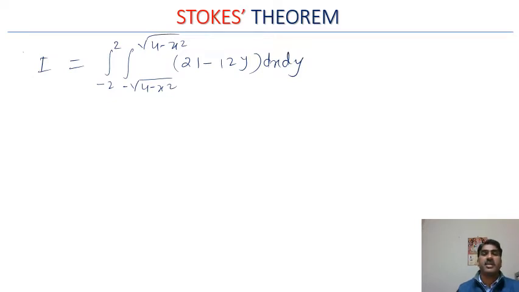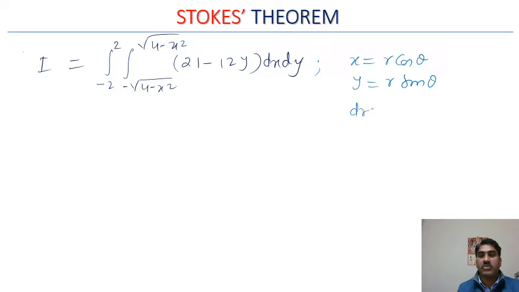So there are two ways: you can integrate with respect to y directly, or it may become easier to integrate in polar coordinates. So I am taking this in polar coordinates. Let x is equal to r cos theta and y is equal to r sin theta.